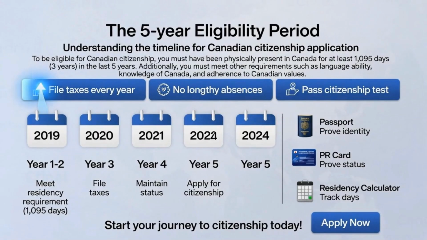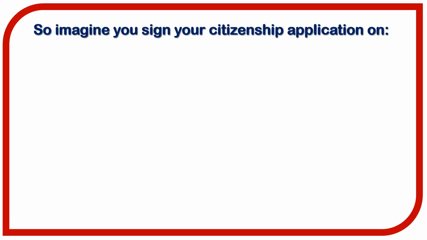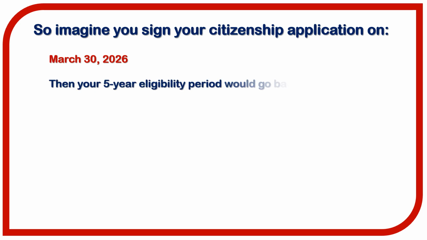Now, let's break down the 5 year eligibility period in very simple words. IRCC says your eligibility period is the 5 years before the date you sign your application. So imagine you sign your citizenship application on March 30, 2026. Then your 5 year eligibility period would go back approximately to March 30, 2021.